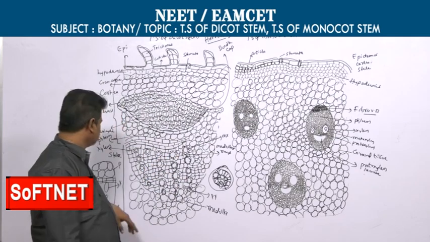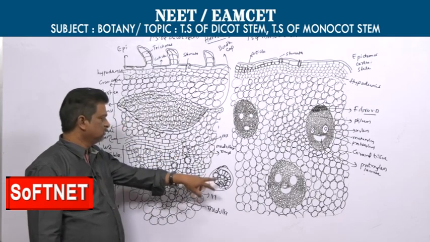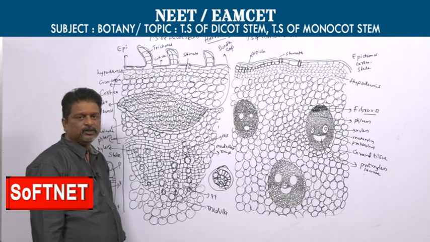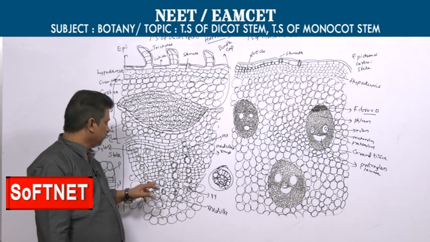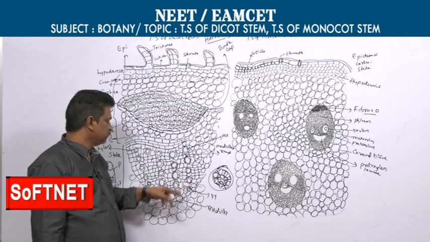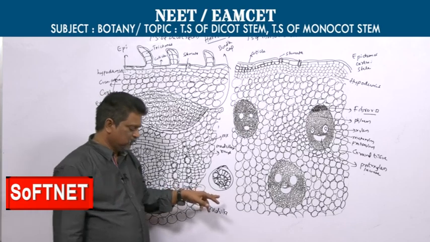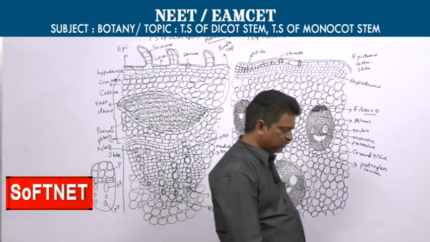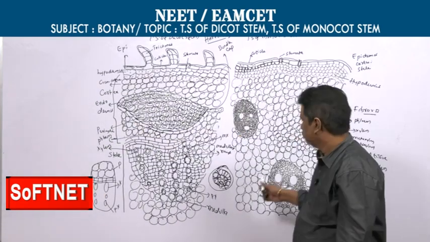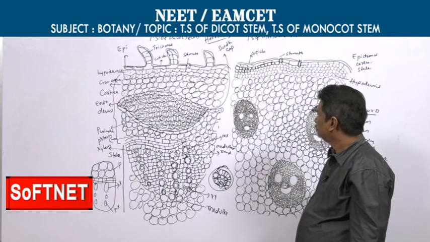In dicot stem, there is an enlarged medulla. In monocot stem, medulla is absent. Then dicot stem contains medullary rays for lateral conduction, and they also participate in secondary growth by producing interfascicular cambium.